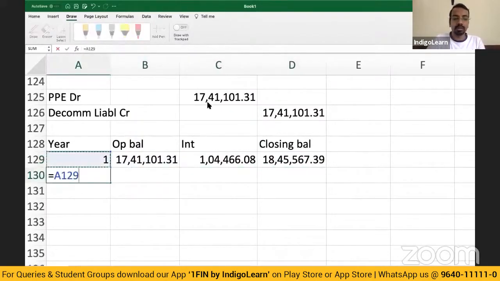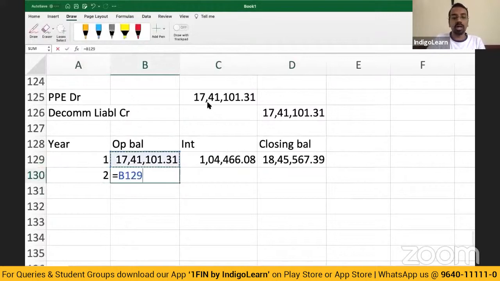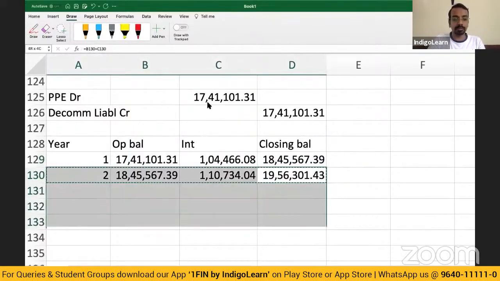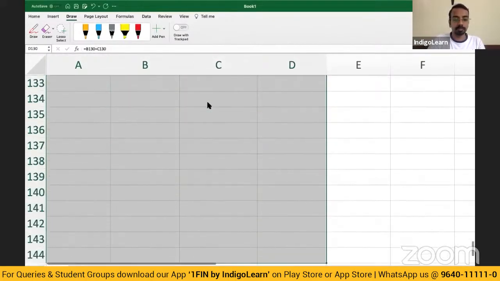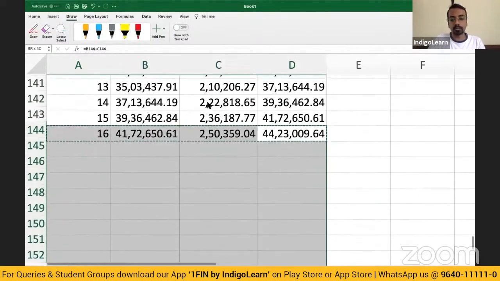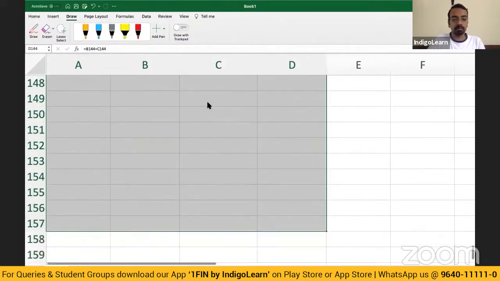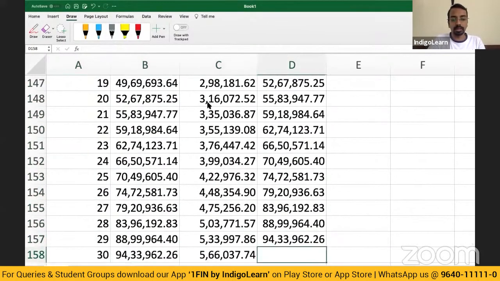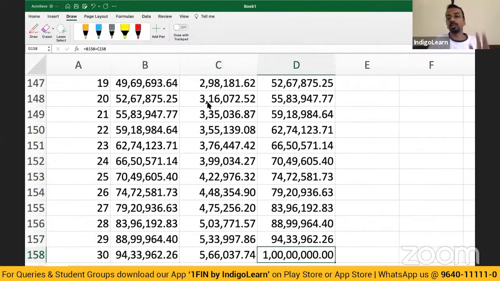So this you continue to do for 30 years, and then in the 30th year, you reach a balance of 1 crore.